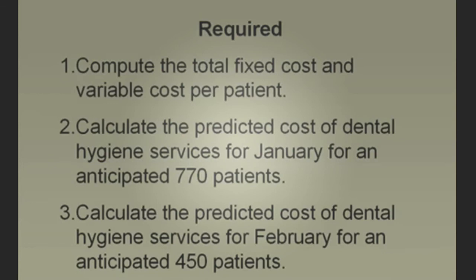Number 2, calculate the predicted cost of dental hygiene services if, for example, she serviced 770 patients. Calculate the predicted cost if she serviced, for example, 450 patients. Take a few minutes and print this out. Then we're going to discuss this together.